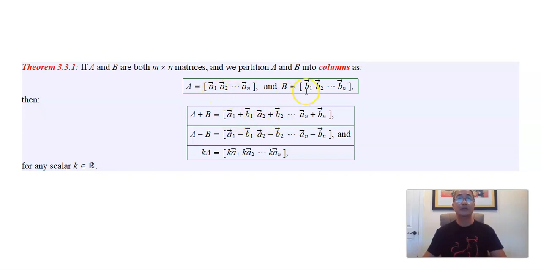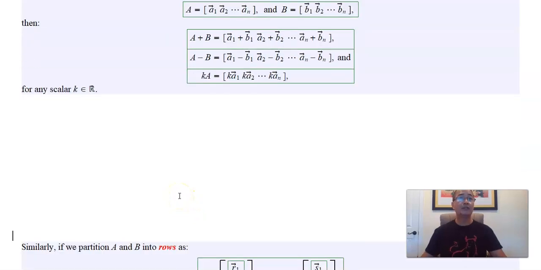And of course, this is easy to see because when you take pairs of numbers, they belong to a column or to rows. So when you add them together, then you can just think of them as part of a column or part of a row. So that's this formula. And the same thing for A minus B and k times A. You simply have k times A1, k times A2, up to k times An.